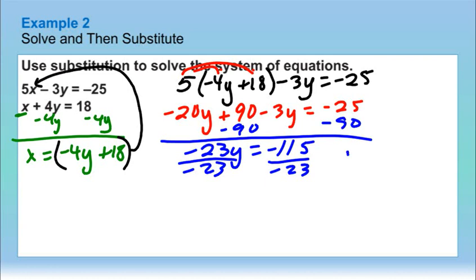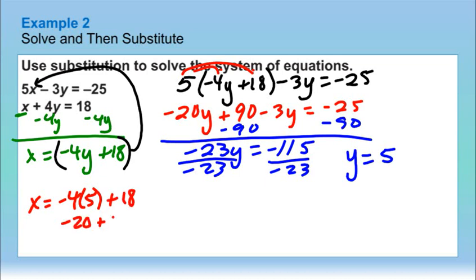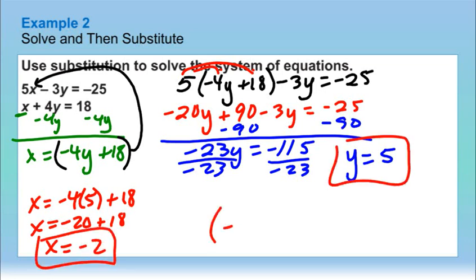I get an answer of y equaling 5. And if y is 5, I can substitute that in for y here to solve for x. This gives us negative 20 plus 18 to get our x. X would equal a negative 2. So as an ordered pair, we could have negative 2, comma 5.